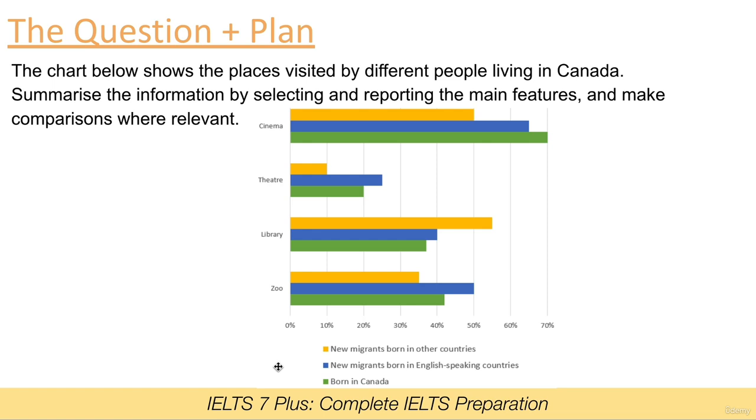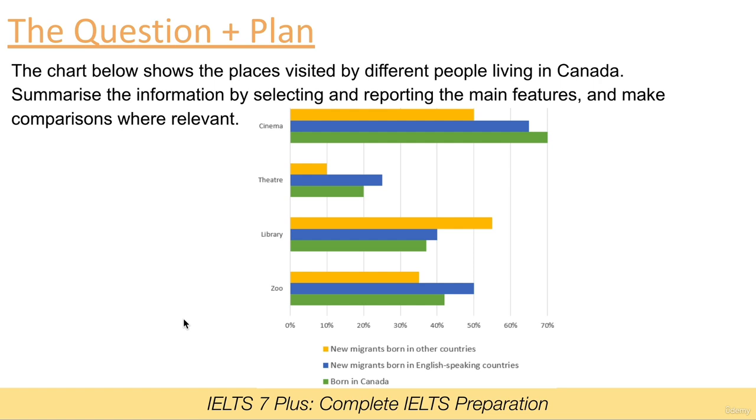In blue, new migrants born in English-speaking countries, and the green referring to people born in Canada. So these different groups. And the percentage on the x-axis, 0 to 70%. So we can say that 70% of these groups have visited these types of places.